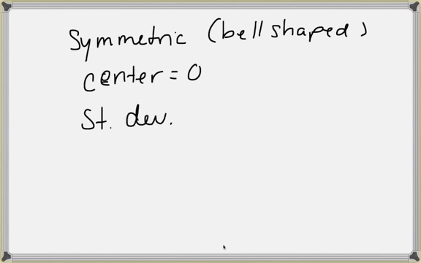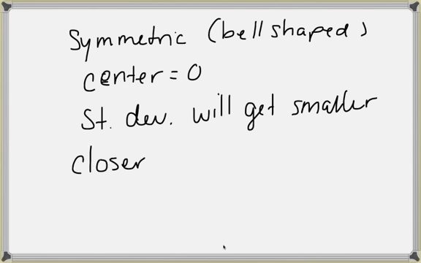The standard deviation will get smaller. And we saw that in the first example. As the number of fish in the box went up, the standard deviation got smaller. And basically, overall, it's just going to become closer to normal. So increasing our sample size and therefore increasing our degrees of freedom basically gives us a more normal curve. And our interpretation of all our data is going to be a lot more accurate.